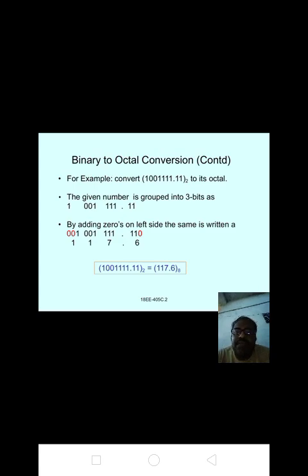We can add zeros on the left side of the point and on the right side of the point. So 001 001 111.110, which gives 1 1 7.6. So 1001111.11 base 2 equal to 117.6 base 8.